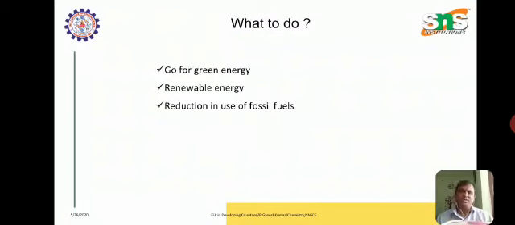They have fixed some targets. But unfortunately, the developed countries have used these fossil fuels for the past 100 years, and they have been urging developing countries like India to reduce them. So definitely it produces pollution.